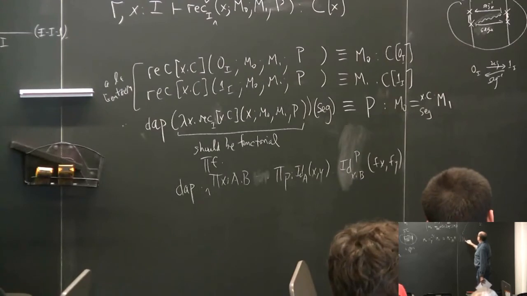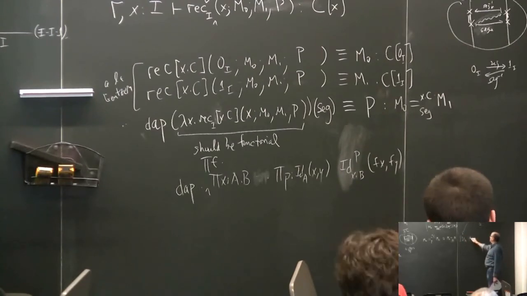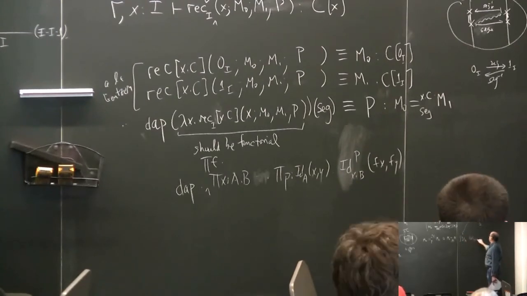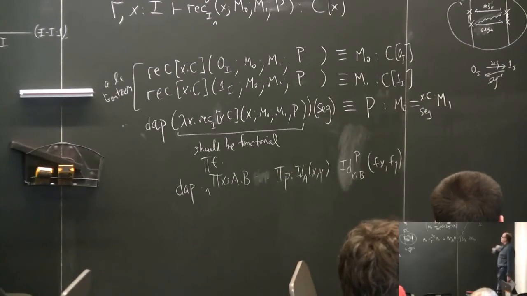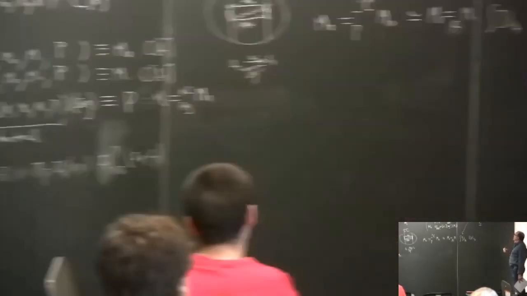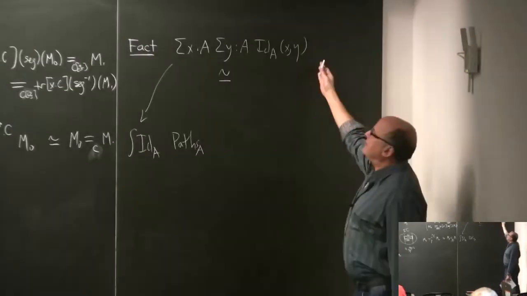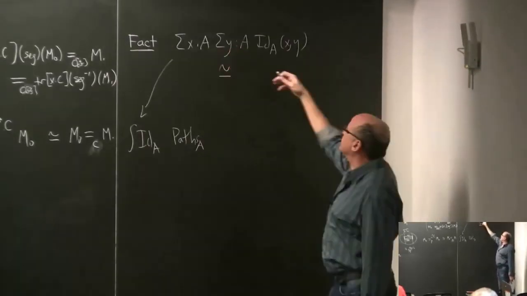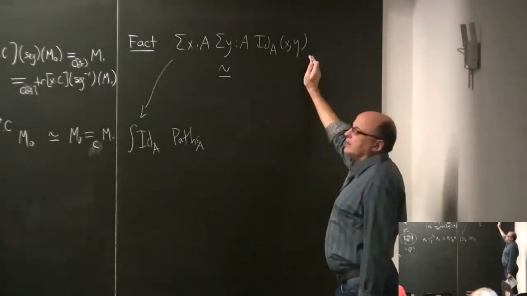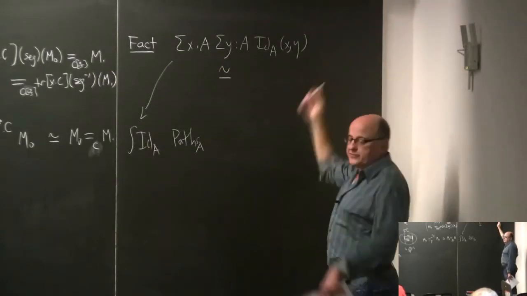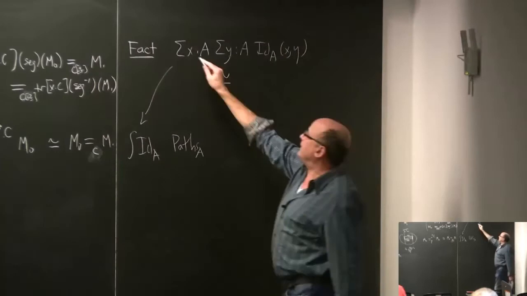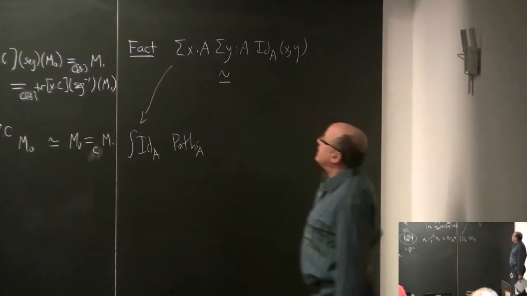In my notes I wrote it as the integral of id A, or you could write it as the paths over A. So you need a notation that says sum up all the paths in A: pick your endpoints and then sum up all of the paths between those endpoints, for all possible endpoints x and y in a particular type A.